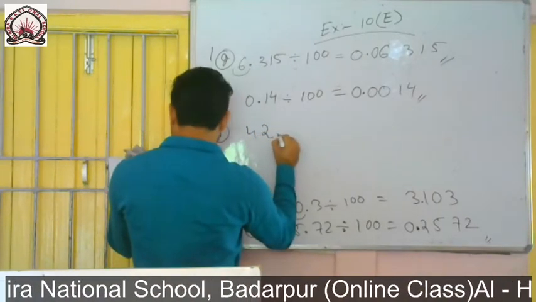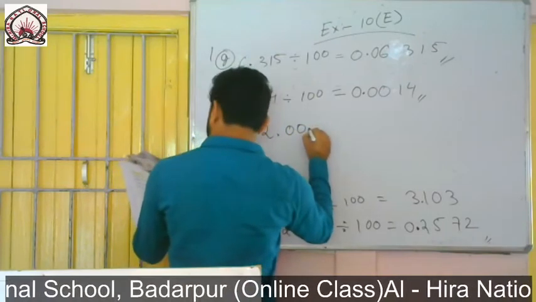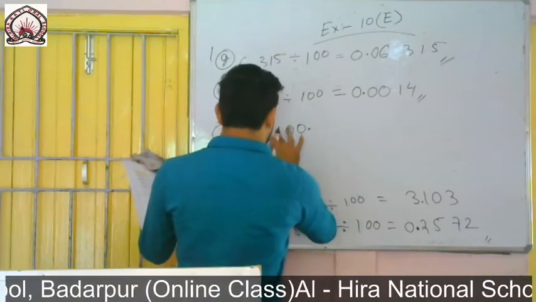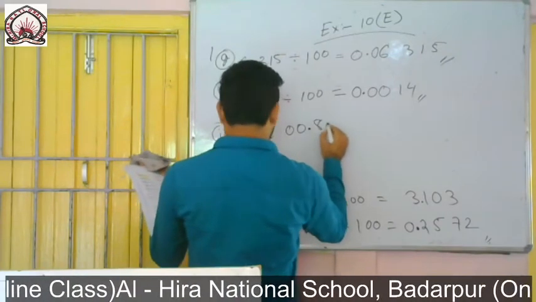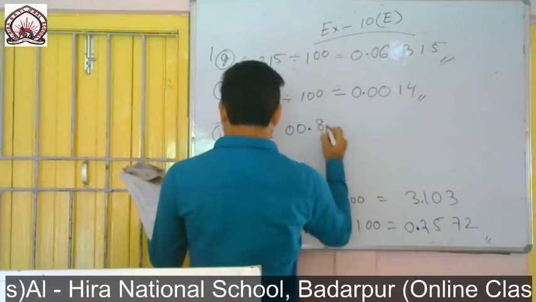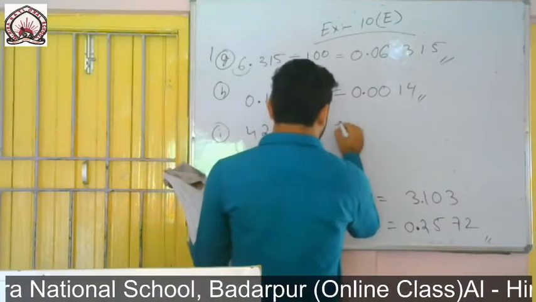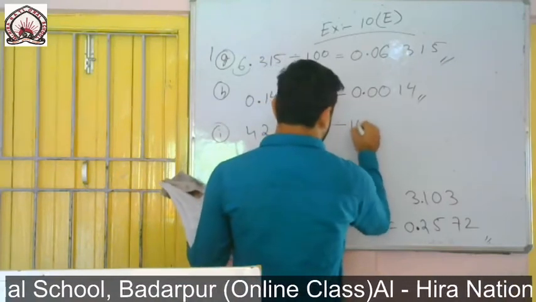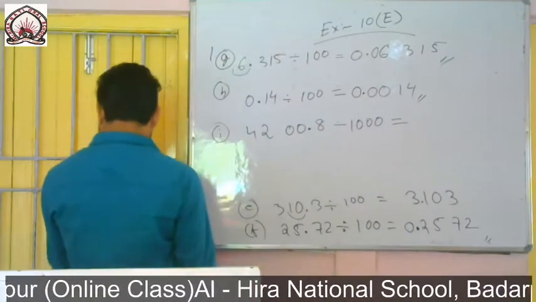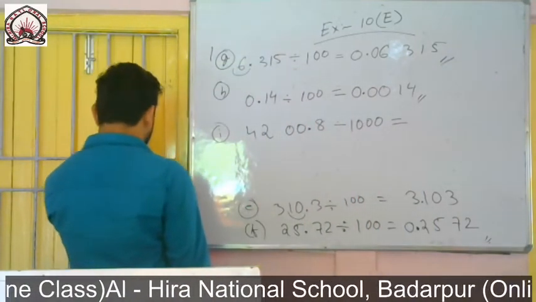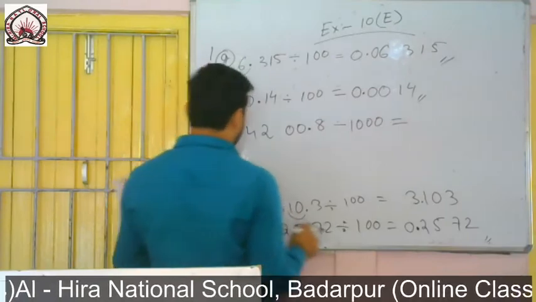4200.8 divided by 1000. Now you see, in case of 1000 you write the number first, 42008.